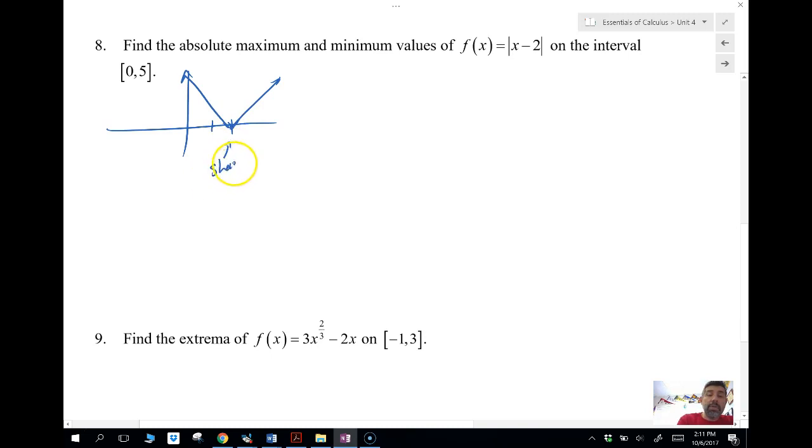So there's a sharp turn right there. So f prime of x doesn't exist at x equals 2 in this case. All I did was draw my absolute value there. So f prime doesn't exist at x equals 2, so my critical number is x equals 2.